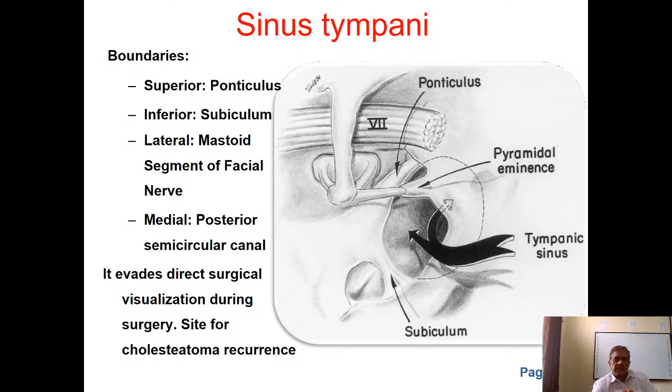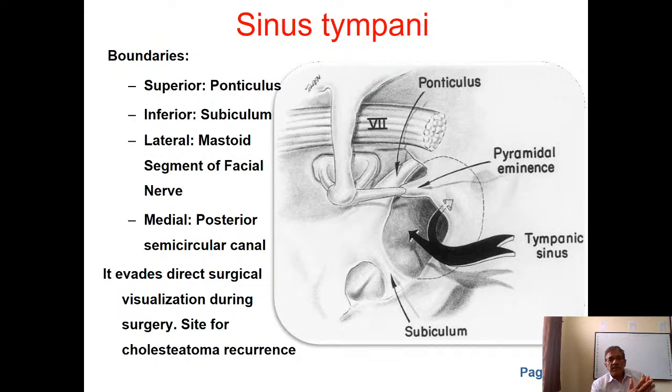Now, sinus tympani is something which, as I told you, in the posterior wall of the mastoid segment, the pyramid is the one which occupies the middle. Anything lateral is the facial recess. Medial is the sinus tympani.